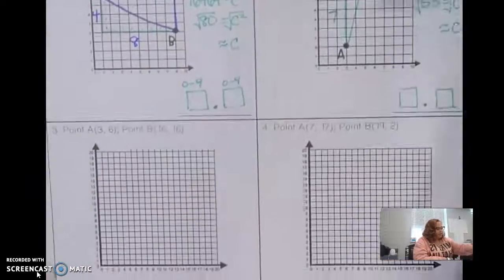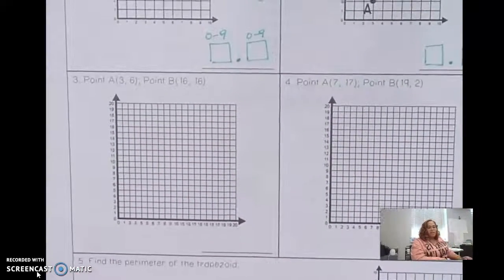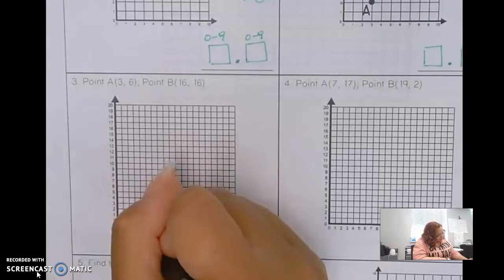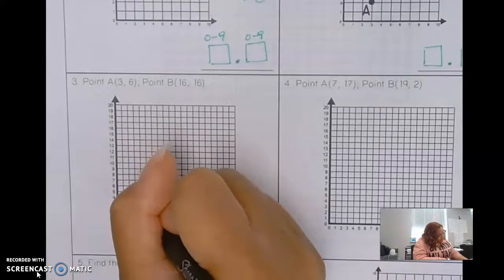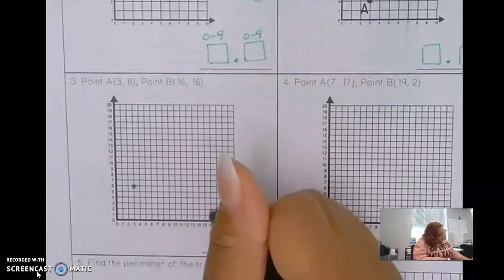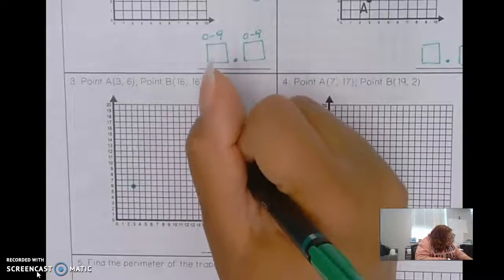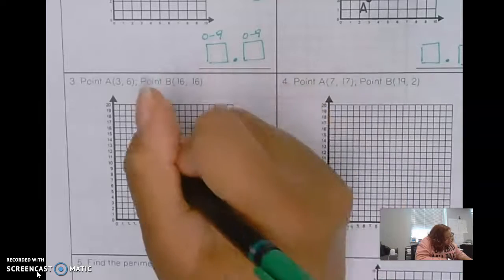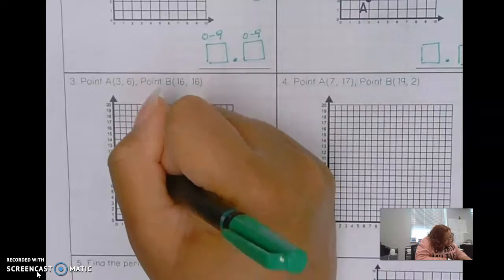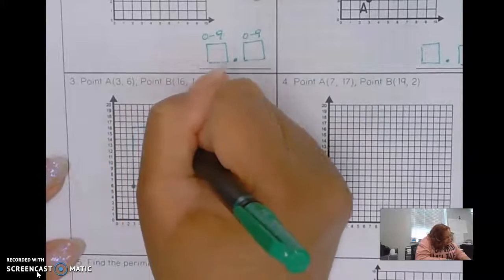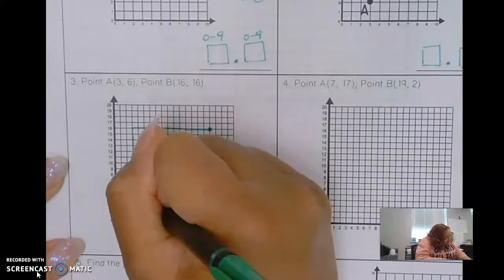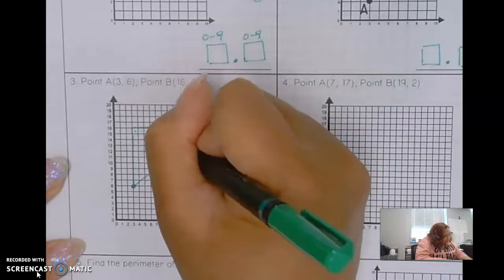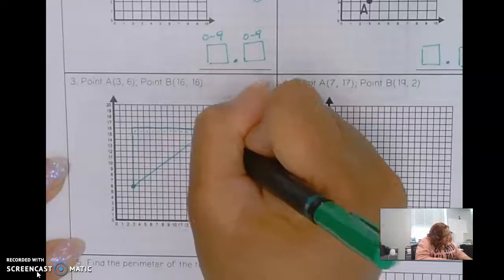All right, number 3. This one does not give you the points. You must plot them. So you run 3 and you jump 6. And then you run 16 and you jump 16. Make one leg, make the other, connect them diagonally. 1, 2, 3, 4, 5, 6, 7, 8, 9, 10, 11, 12, 13.